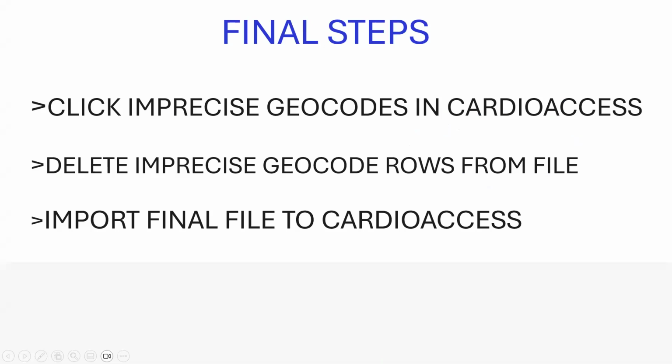If there are any imprecise geocodes, I will put those back in Cardio Access and tell it not to geocode in the future. I'll delete those rows from the file, and then I will go back and import the ending file into Cardio Access, and then everything's geocoded. Or in the case of Dr. Nicholson, I just give him my output file.